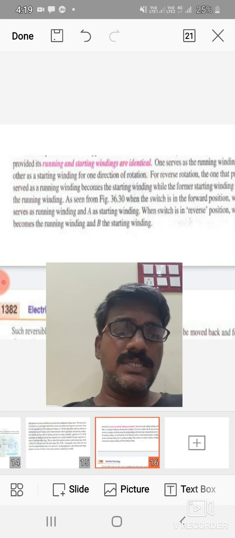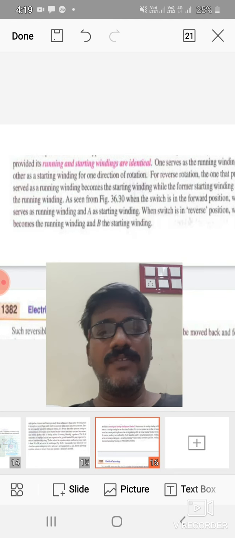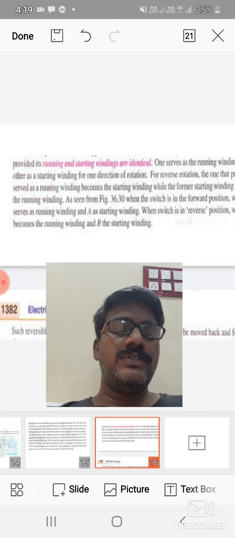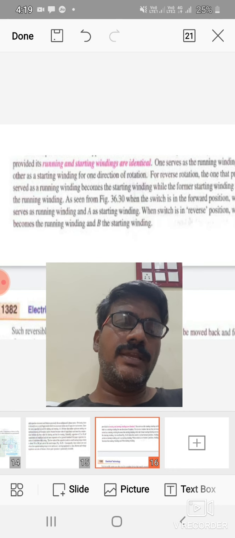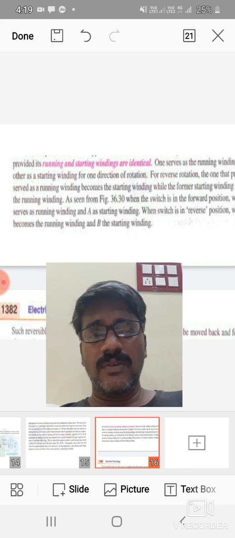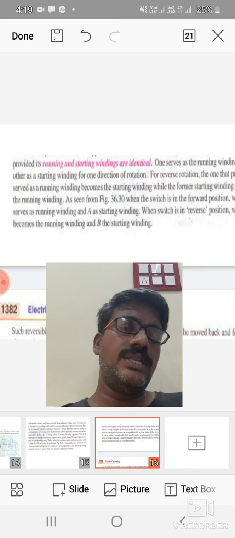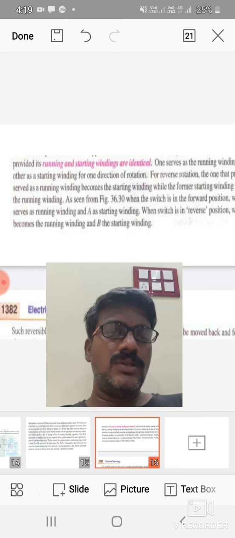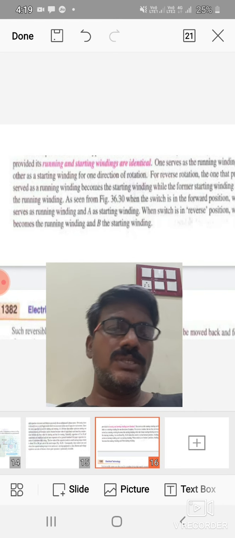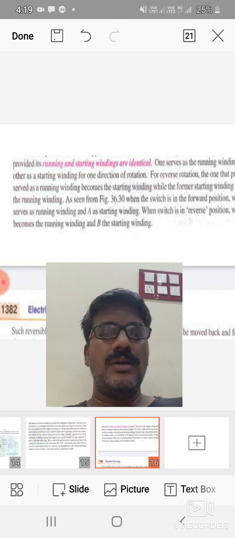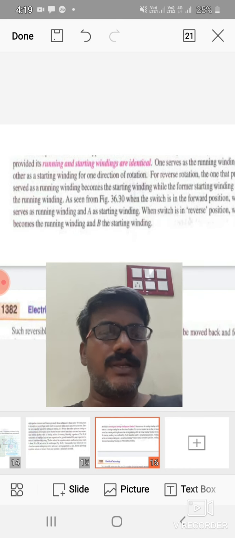Suppose there are two windings, A and B. If the capacitor is connected to the A winding, then we get the clockwise direction. Then if you reverse the switch, so that B is connected to the supply, we will get the anti-clockwise direction, right?